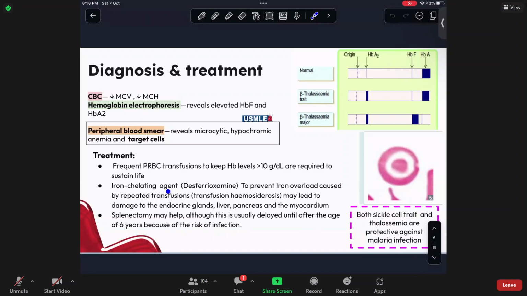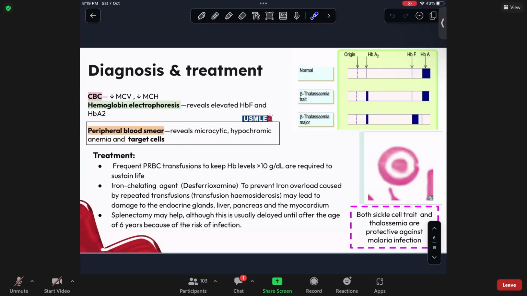So you should give them, together with the transfusions, iron chelating agents. The most common one is deferoxamine, to prevent iron overload because of the repeated transfusions that cause hemosiderosis, which can lead to accumulation and severe damage to endocrine glands, liver, pancreas, and myocardium.